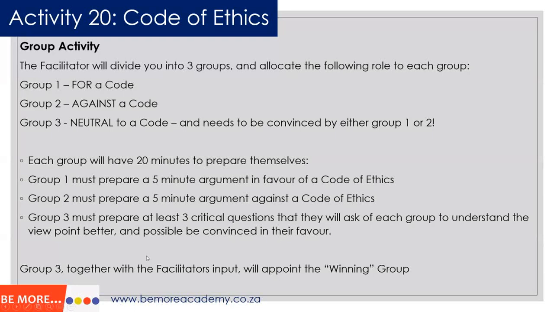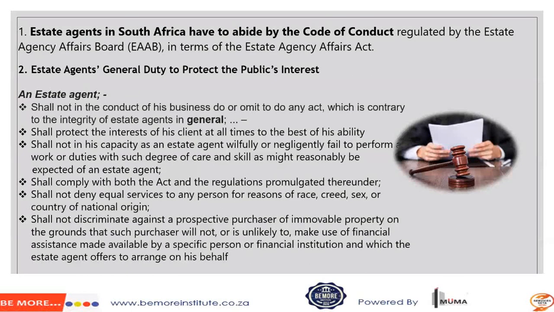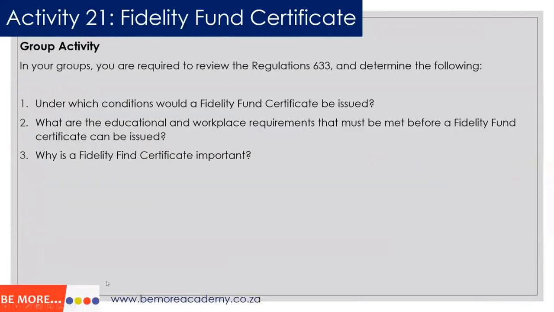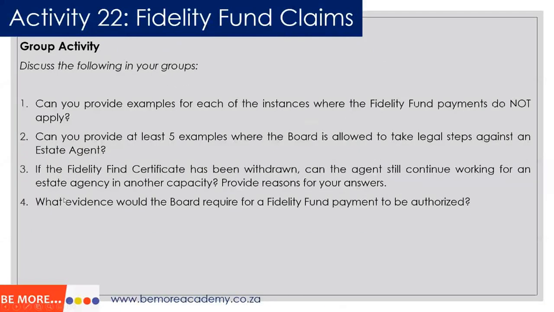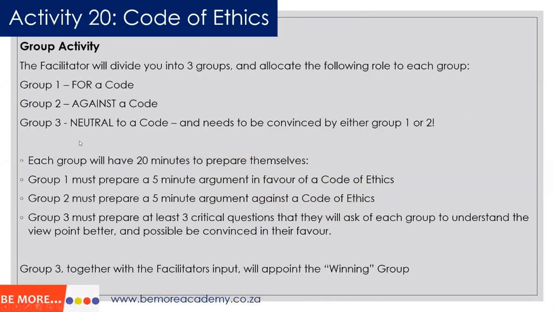Okay. So a group will appoint a person who is going to do a presentation, or what? How is this going to be? Yeah. In your group, you are 3 people. One person will be for a code of conduct. The other person will be against a code of ethics.